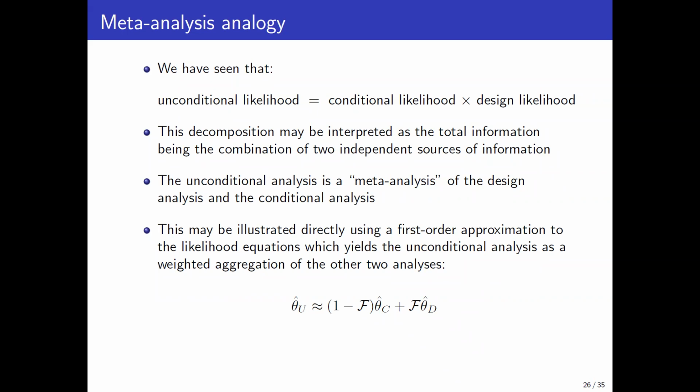Now, the reason why the design information fraction is a useful concept is that it gives a useful way of thinking about the relationship between these 3 types of information, or 3 types of treatment effect estimates. What we saw was that the unconditional likelihood is essentially a product of the conditional likelihood and the design likelihood. That product can essentially be interpreted as an information aggregation of 2 independent sources of information.